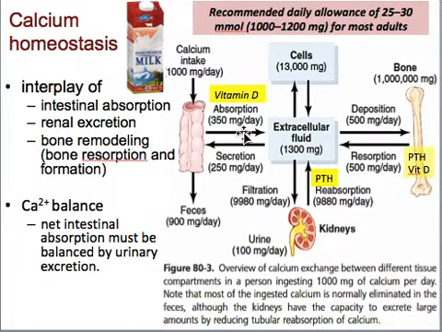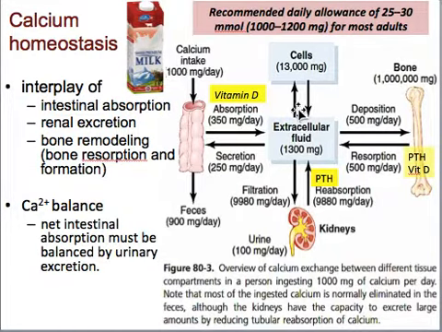About 350 milligrams of that will be absorbed in your intestines through your vitamin D. But about 250 milligrams of that will be secreted in your intestines. So about 900 milligrams of calcium will be excreted in the feces out of the 1,000 milligrams.